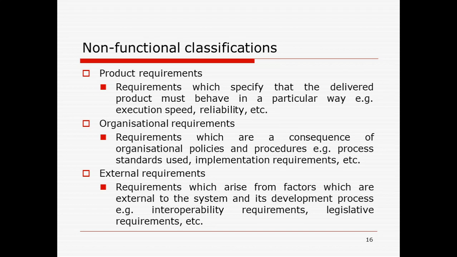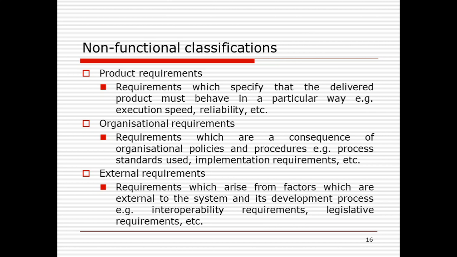So it depends on the particular behavior of the product. For example, the overall behavior may be the execution speed or the reliability of the product. Whatever is deemed to be more important belongs to the product requirement.